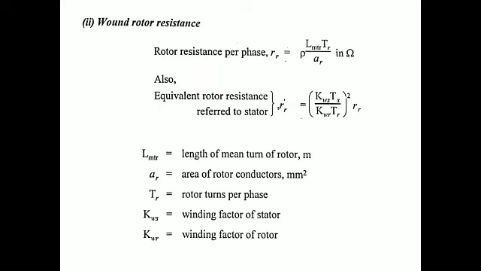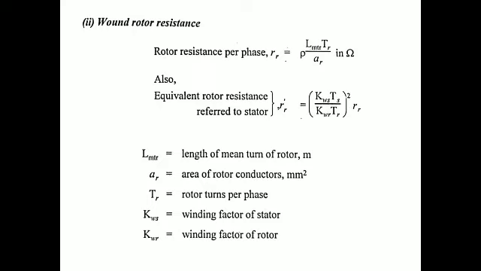So while calculating the overall parameters, we need to shift that secondary to the primary, so we need to consider the dashed quantity as the finalized one. So refer to the first one: rotor resistance RR is equal to rho LMTR then TR divided by AR.